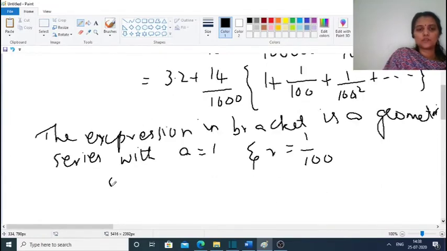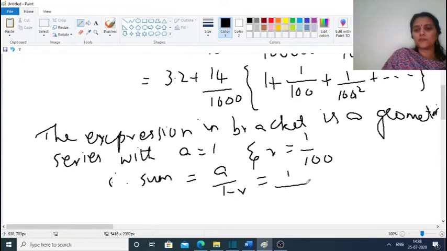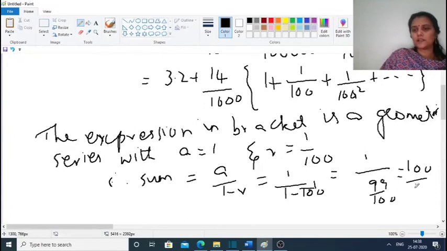So the sum is equal to a by 1 minus r, which is 1 by 1 minus 1 by 100, which is equal to 1 by 99 by 100, which is equal to 100 by 99.